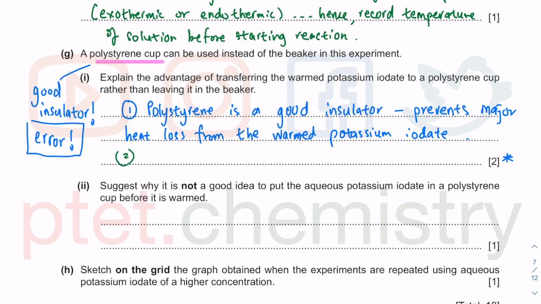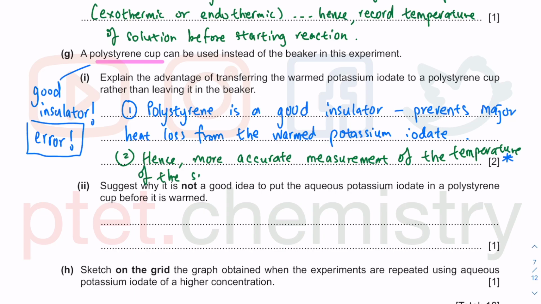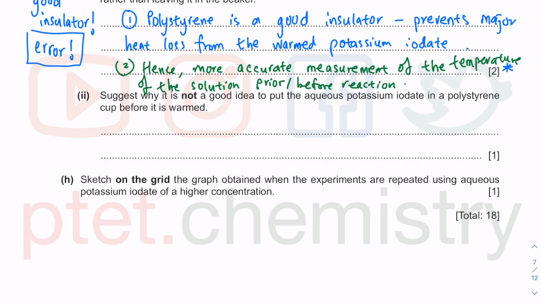As for the second point, due to you minimizing heat loss, hence more accurate data, more accurate measurement of the temperature of the solution prior, prior basically means before the reaction started. It will give you a more accurate data for the temperature.